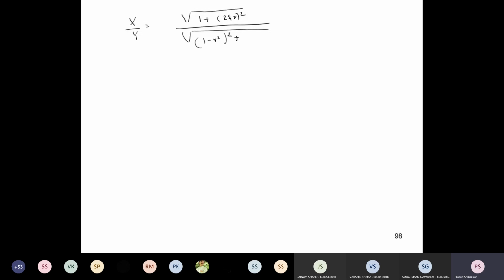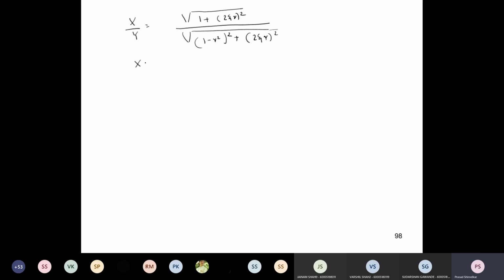So the numerator becomes, taking Y to the left hand side, X by Y is equal to square root of 1 plus (2 zeta r) whole square divided by square root of (1 minus r square) whole square plus (2 zeta r) whole square. Okay, so we have got again the expression for steady state amplitude.